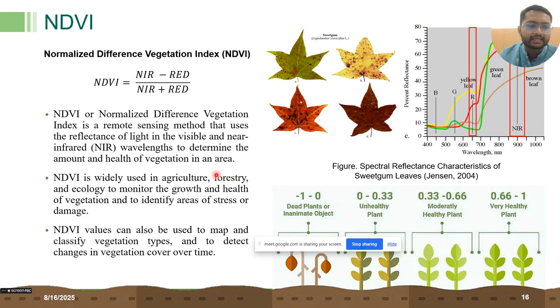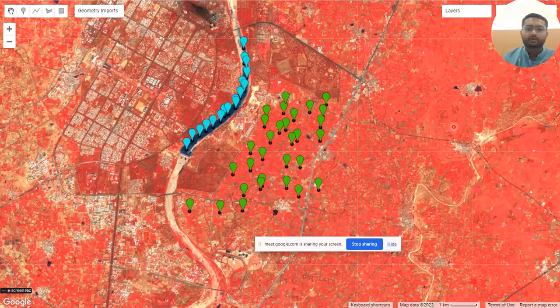Based on that, we derive some indices which create a lot of contrast, known as the normalized difference vegetation index, where we take a normalized ratio of two bands: one band in which we have high reflectance and one band in which we have very low reflectance. The difference between these two creates high contrast, which helps us differentiate a lot of things.